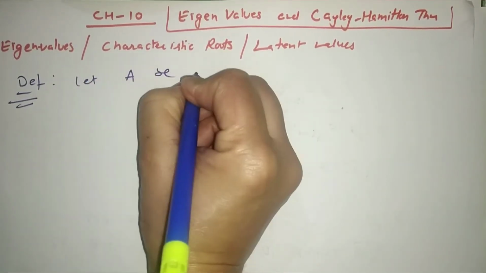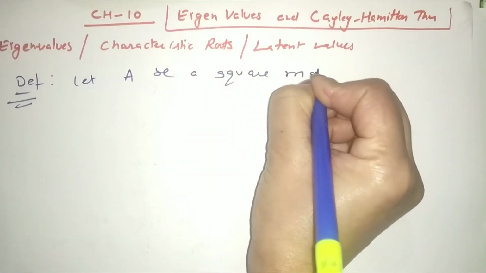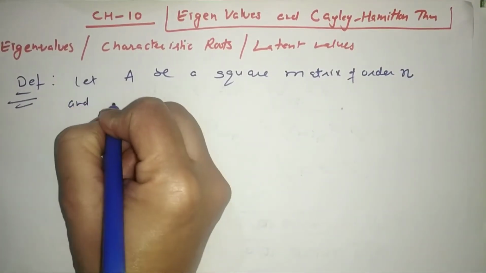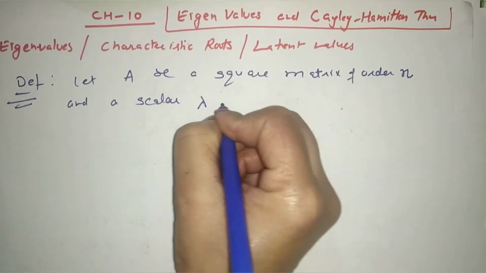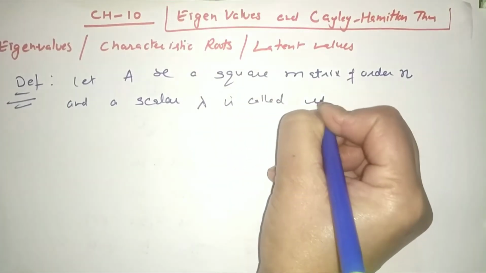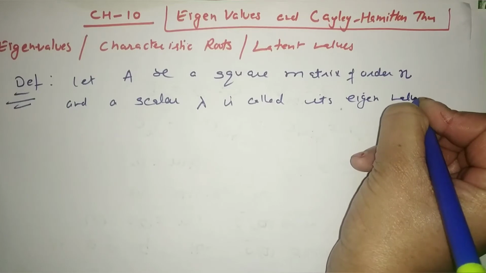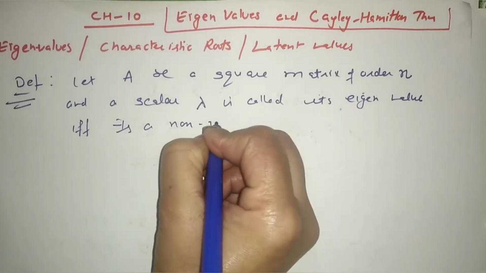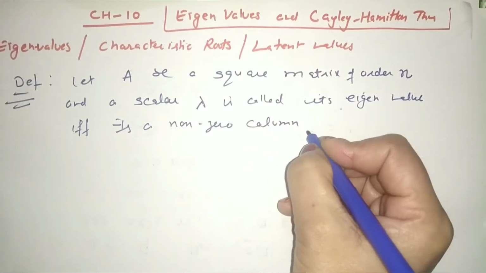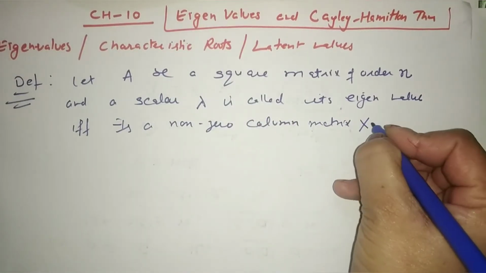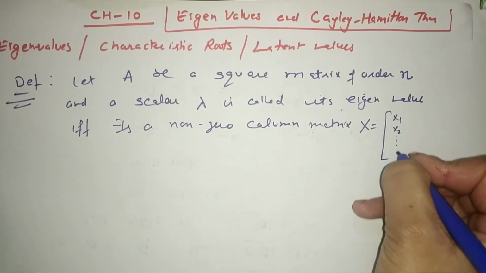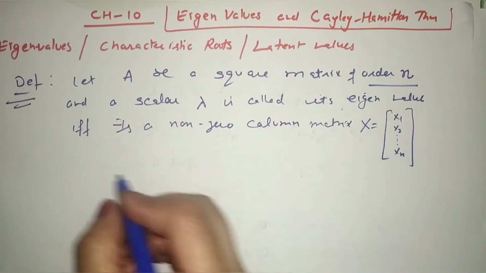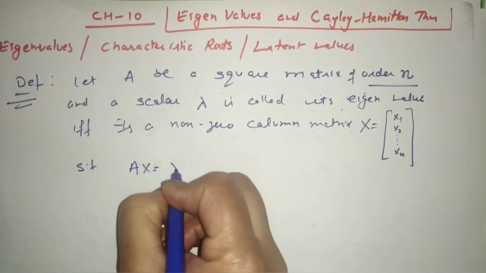Let A be a square matrix of order n, and a scalar lambda is called its eigenvalue if and only if there exists a non-zero column matrix X which has the elements x1, x2, xn, because the order of A is n, so n-rowed column vector, such that A into x is lambda into x.